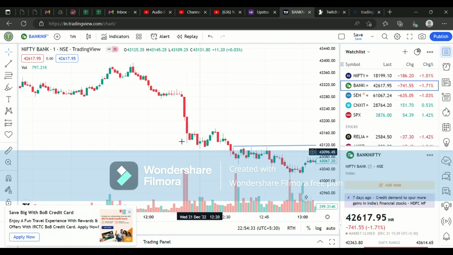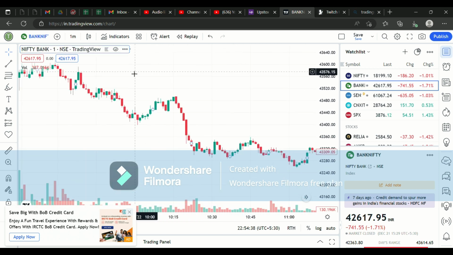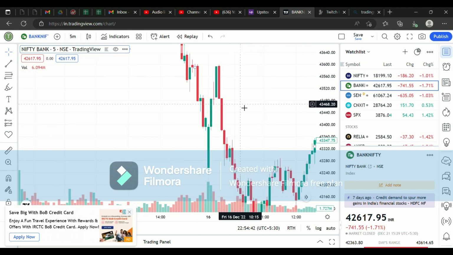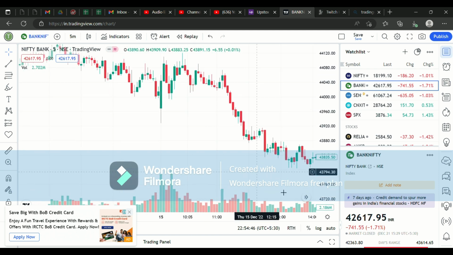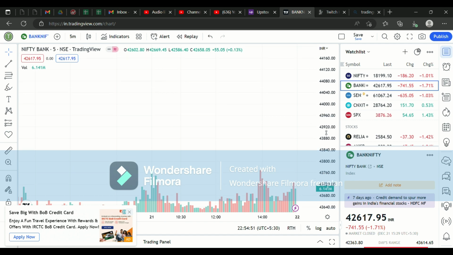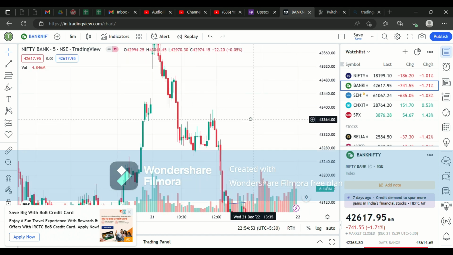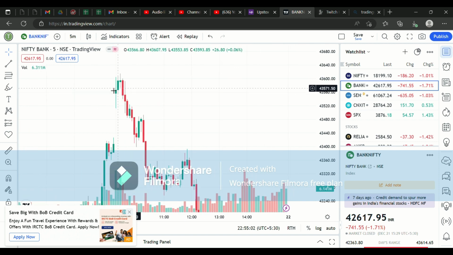I would like to show you that in the morning the Bank Nifty opened as a gap up. So it was a gap up opening, and thereafter after 15 minutes it started falling.